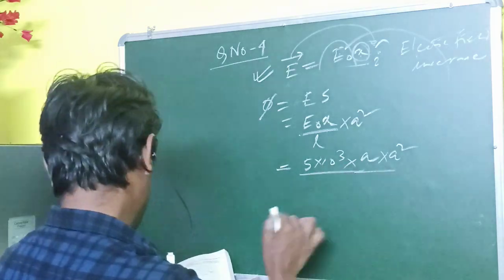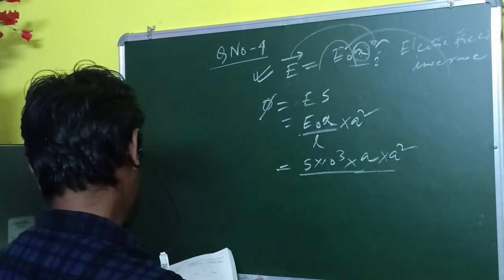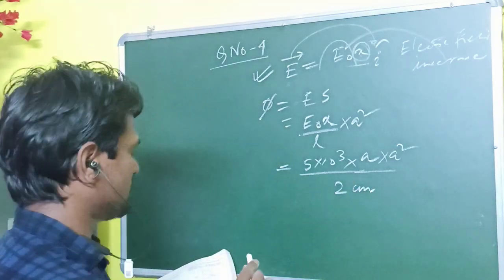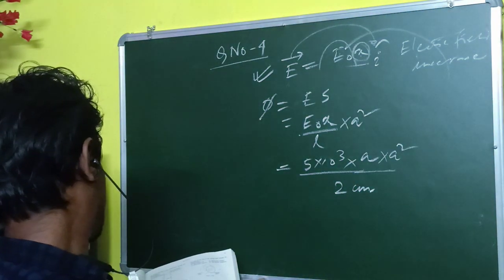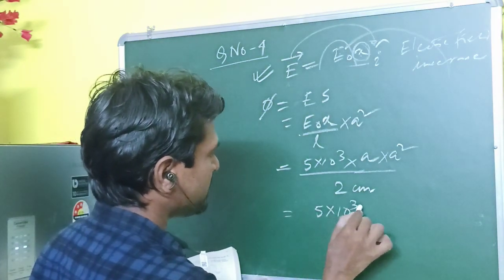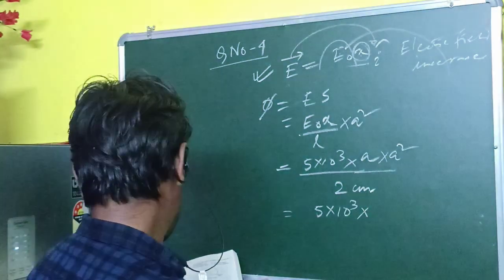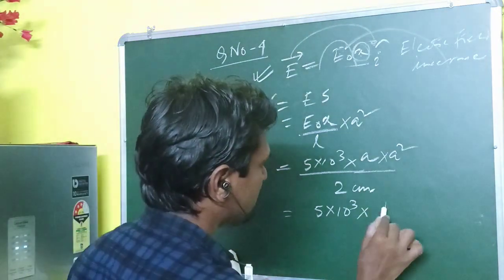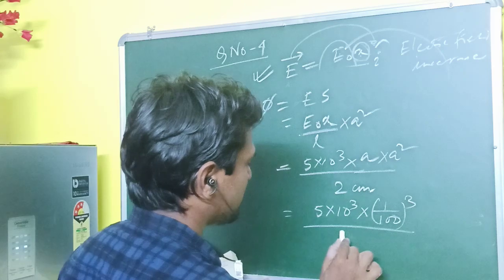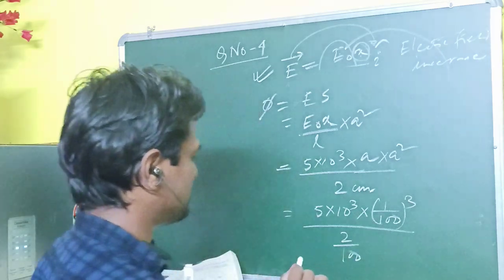L equal to 2 centimeter. So 5 into 10 to the power of 3 into a, where a means 1 centimeter, so 1 divided by 100 whole cube, divided by 2 divided by 100.